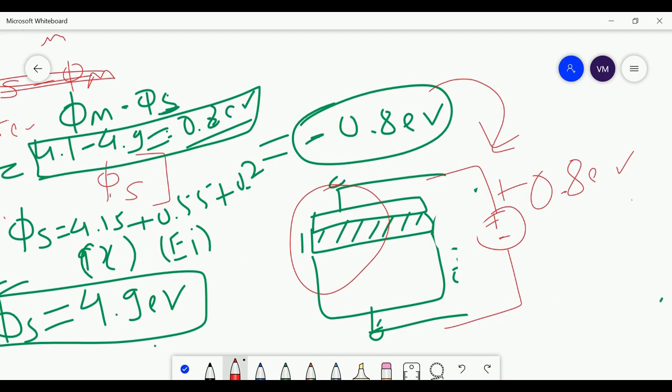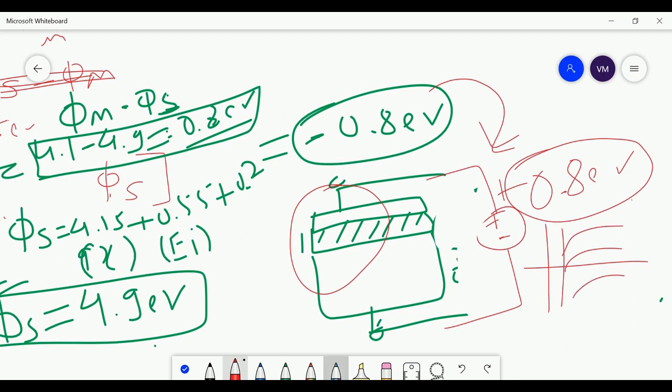Similar to the PN junction, which we have already studied. In the PN junction also there was a built-in potential, that is known as threshold voltage or built-in potential. So when we apply the forward bias voltage, then the built-in potential or the depletion layer goes away. Similarly, in the MOS structure also, if you apply this much positive voltage, then the bands which were bending something like this will become flat.